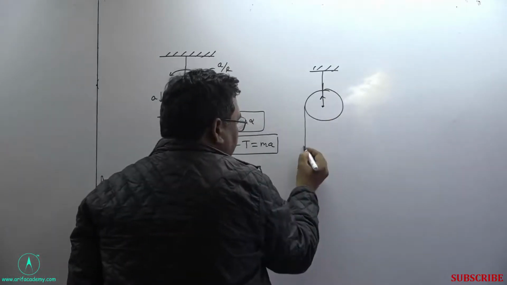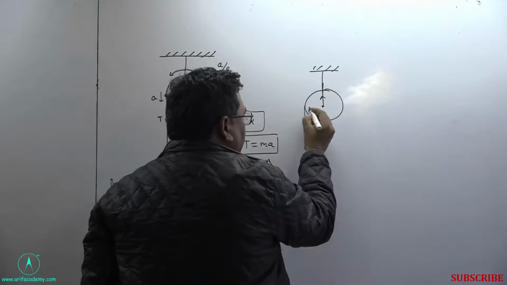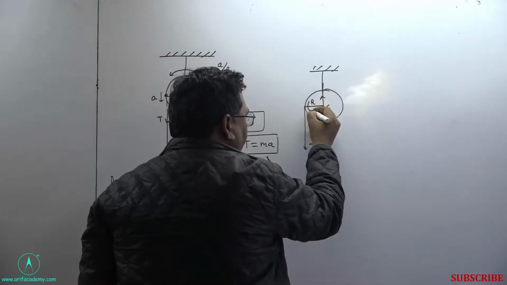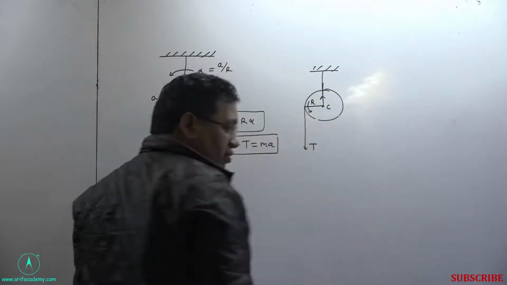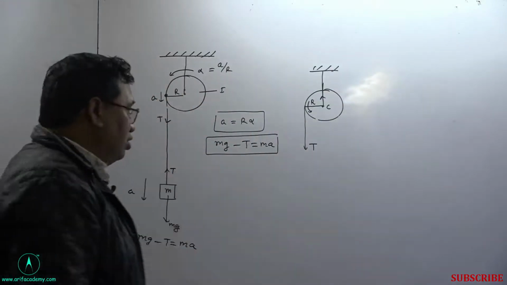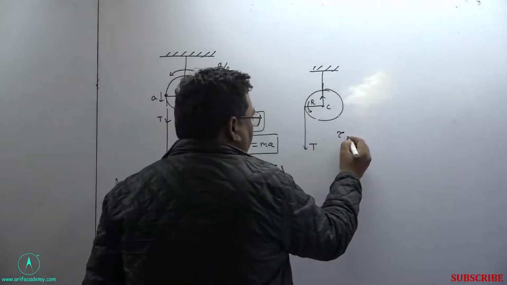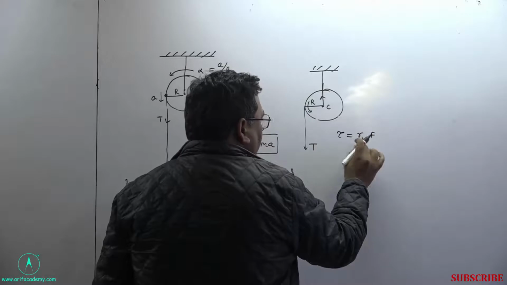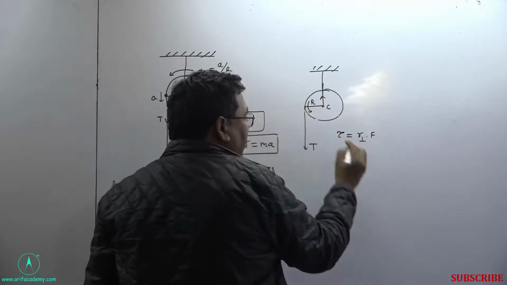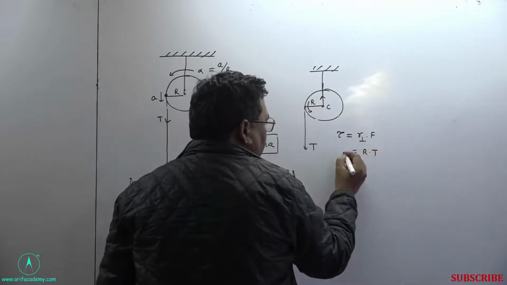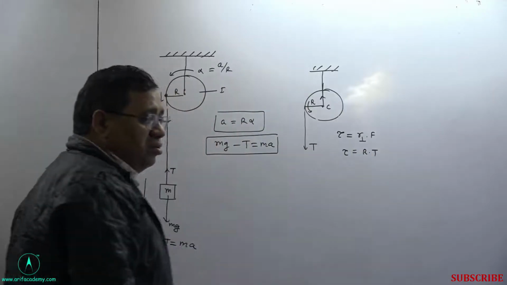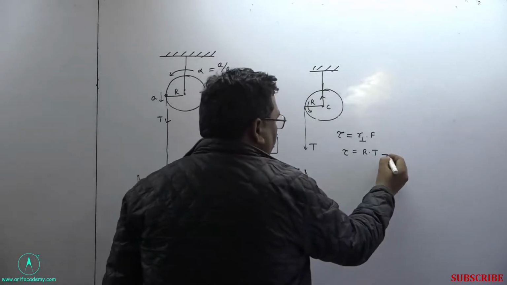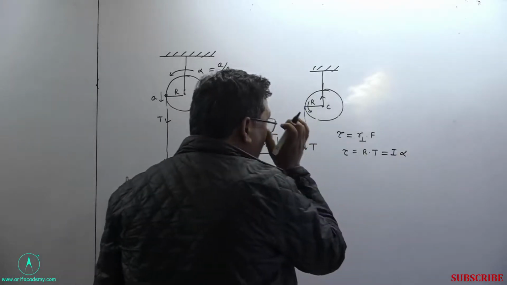And there is a tension T at distance r from the center, so it will have an anticlockwise torque. Torque tau equals moment arm times force, so tau equals rT.